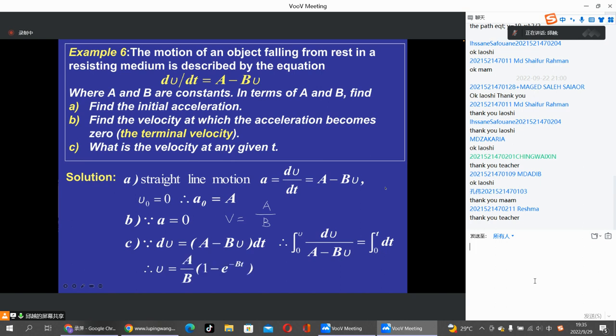Then we can write v equals a over b multiplied by 1 minus e to the power of minus bt.